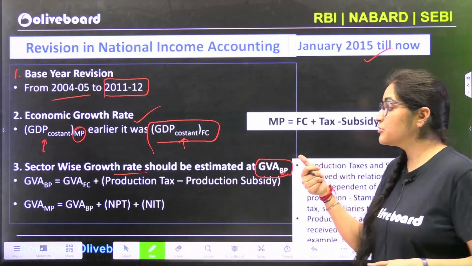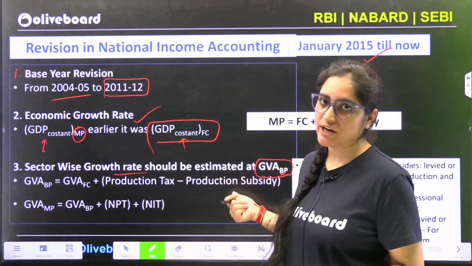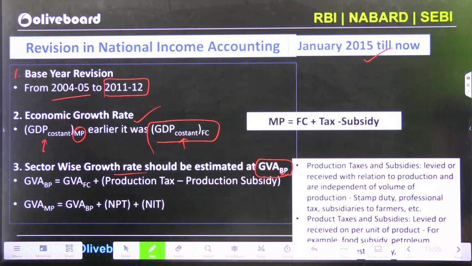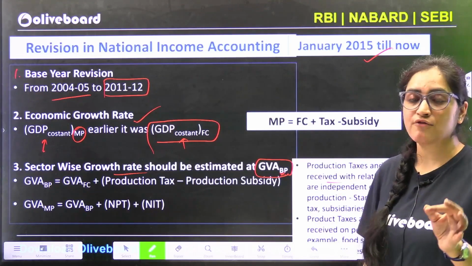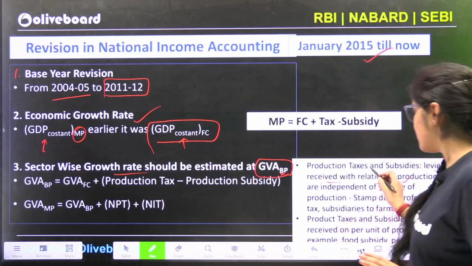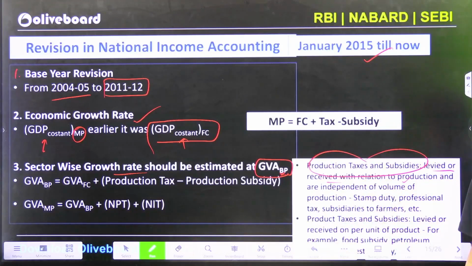Now what are these production taxes and production subsidies? They are the taxes or subsidies levied or received in relation to production, independent of the volume of goods being produced. That means production taxes and subsidies do not depend on the amount of goods and services produced, not the volume.